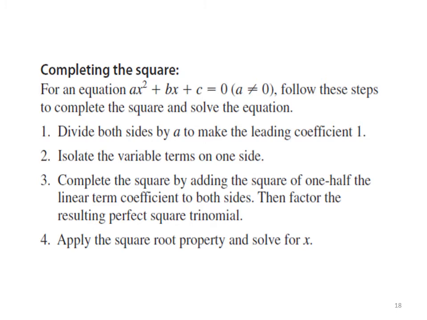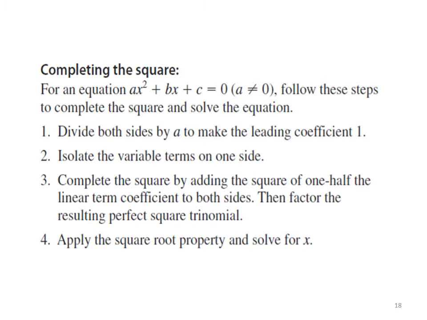But then isolate the variable terms to one side. For example, leave anything that has x or x² on the left hand side, and then the numbers can be taken to the right hand side. Complete the square. Here is the step that you have to do to complete the square. You add the square of 1/2 of the linear term to both sides.